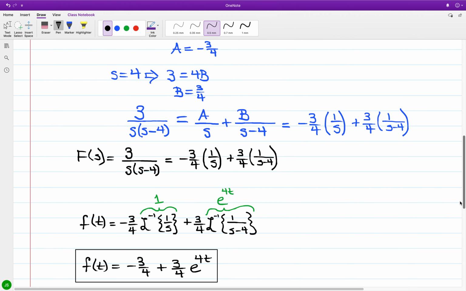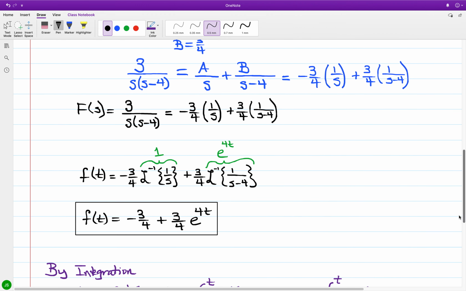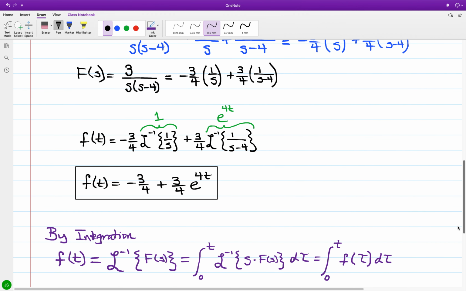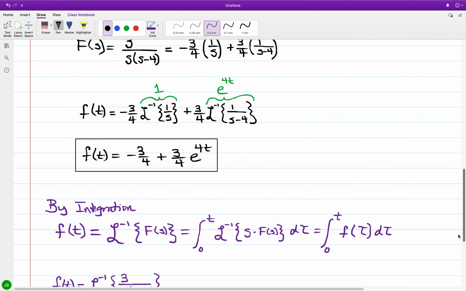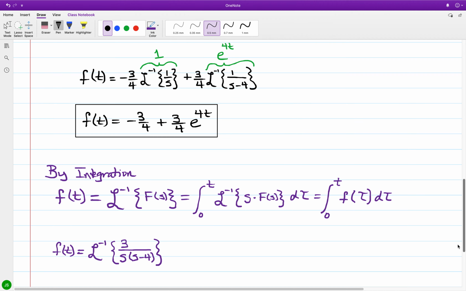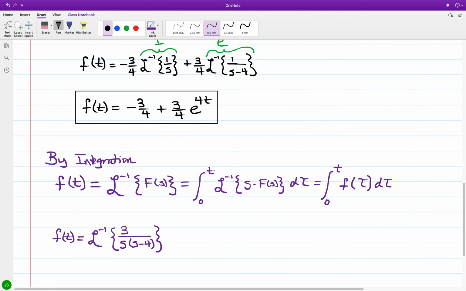Now, if we take the same Laplace transform and apply integration, this is our formula once again, with F(s) set to 3 over s times the quantity s minus 4.